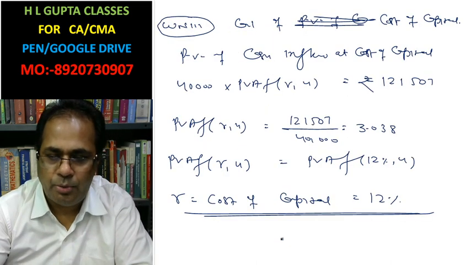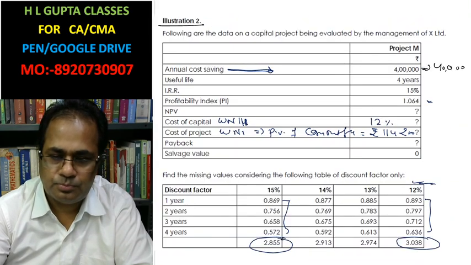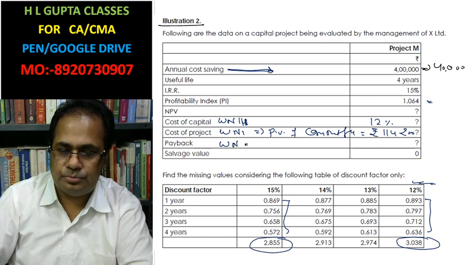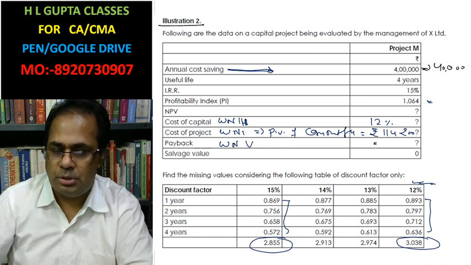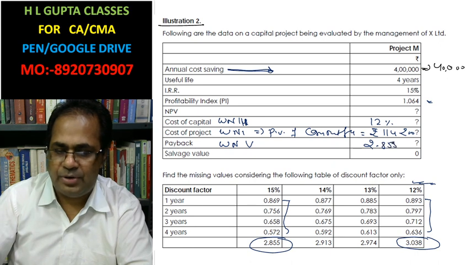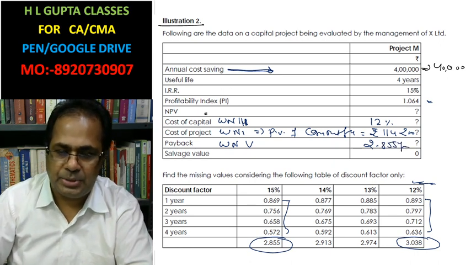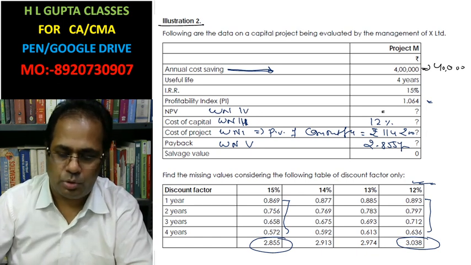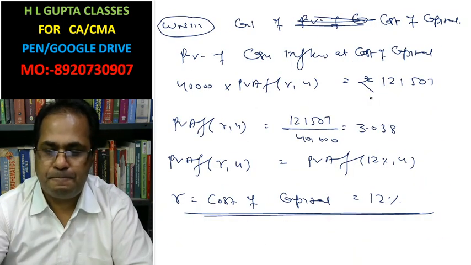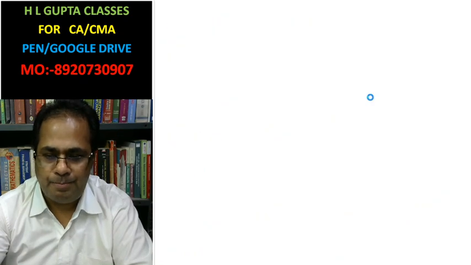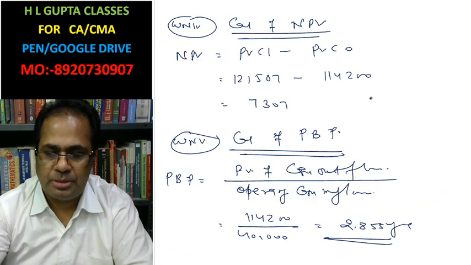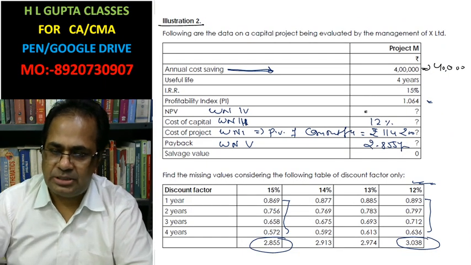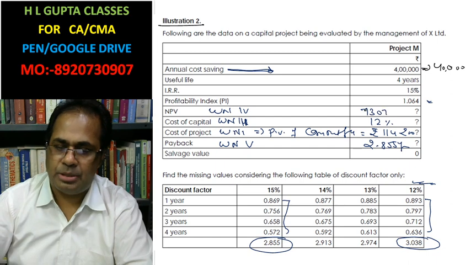Okay, so now we can write here: payback period, working note 5, 2.855 years. Net present value, working note 4, 7,307.